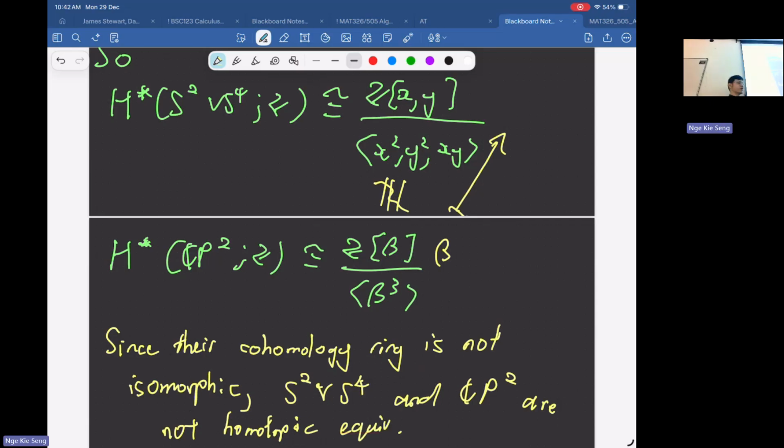Okay, so this is a very strong result. You turn a topology question into a ring problem here.